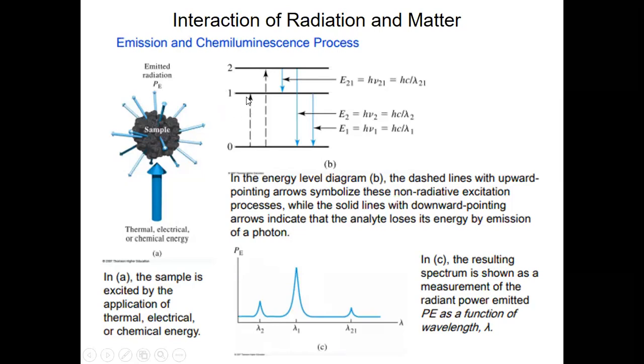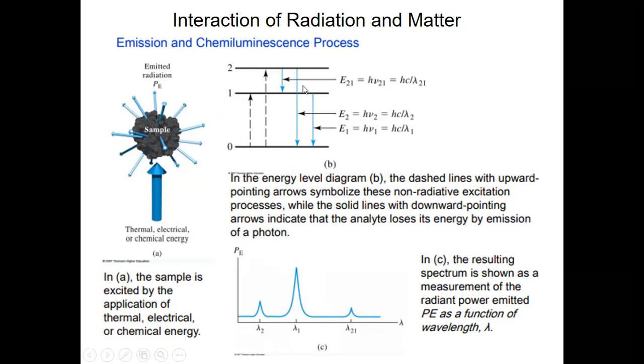In order for these transitions to happen, the input energy should be exactly equal to the energy difference between these energy states. For example, the delta E value should match the incoming photon energy.